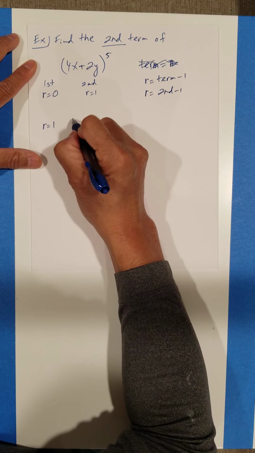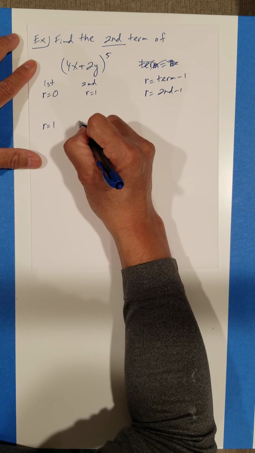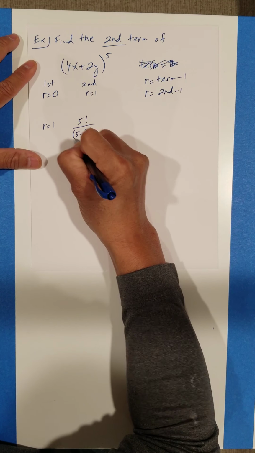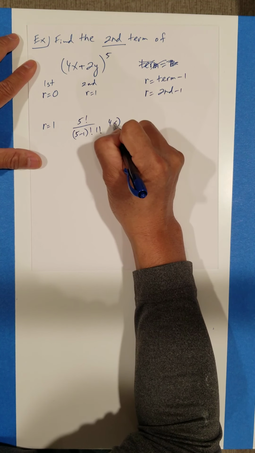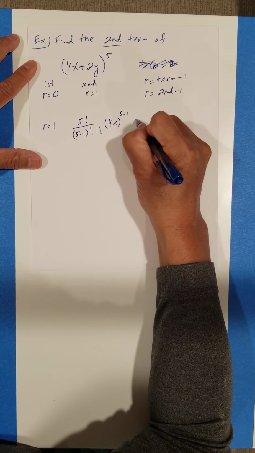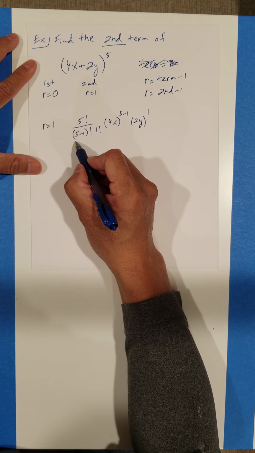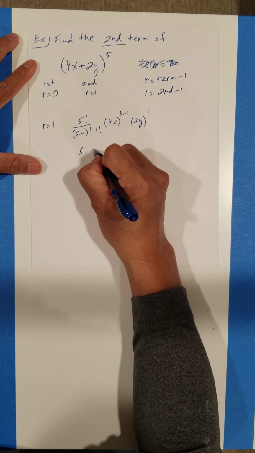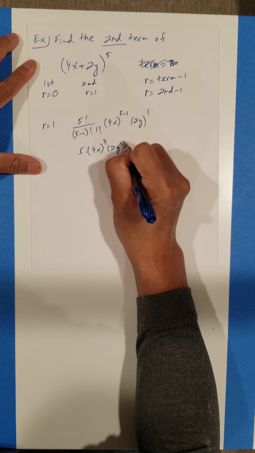So what I'm going to do now is plug r equals 1 into that big fancy formula: 5 factorial over (5 minus 1) factorial and 1 factorial, then 4x to the power 5 minus 1, 2y to the power 1. Okay, 5 factorial over 4 factorial, 1 factorial is going to be 5 times (4x) to the 4th power and 2y to the 1st.